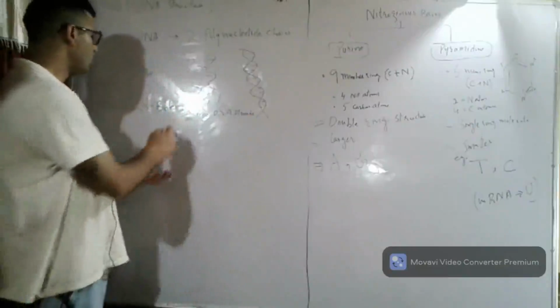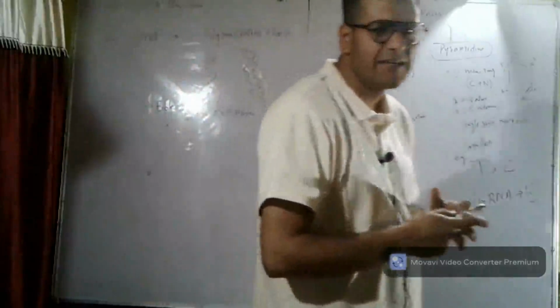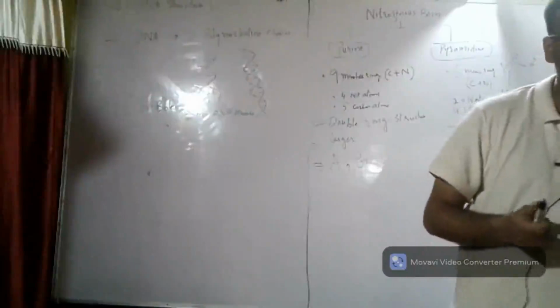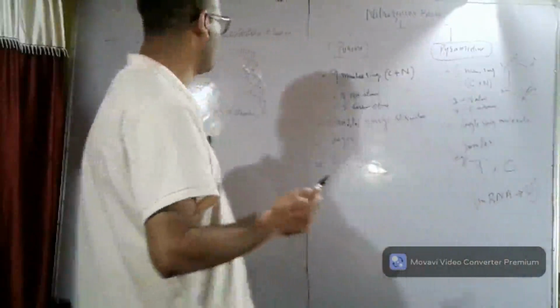And this hydrogen bond, which is the only attractive force between the 2 DNA strands, provides a sort of stability to the DNA molecule. This hydrogen bond confers stability to the DNA molecule.